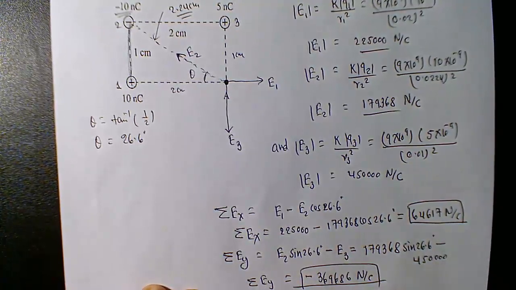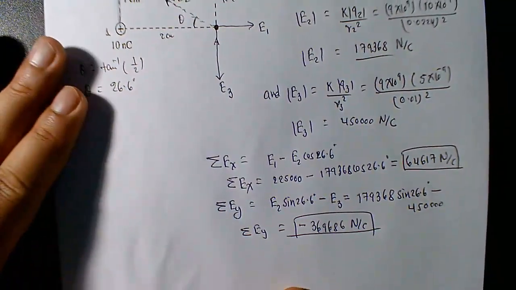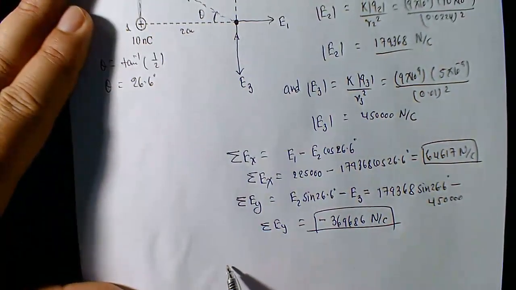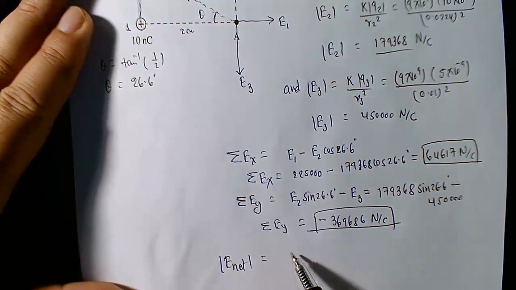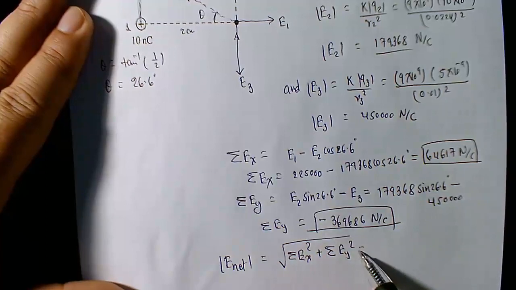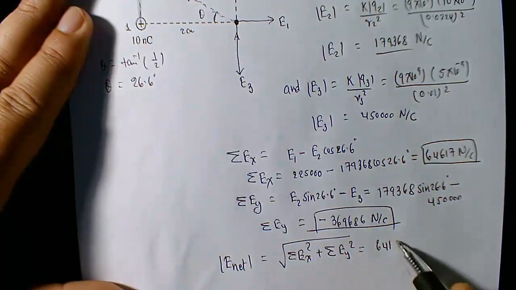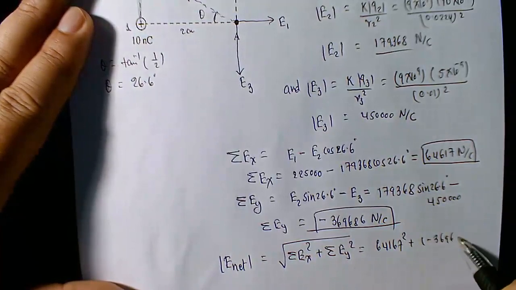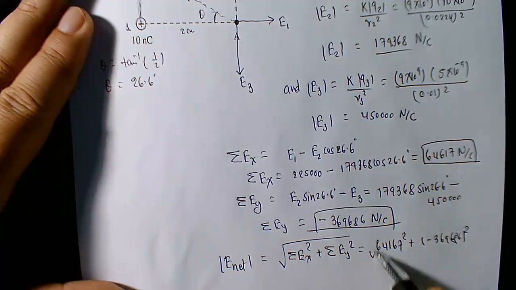So that's all you need. Next is finding the magnitude of the net electric field. Now we're almost done. From the Pythagorean theorem, it's the square root of the sum of the x component squared plus the sum of the y squared: 64,617 squared plus 369,686 squared, square root.